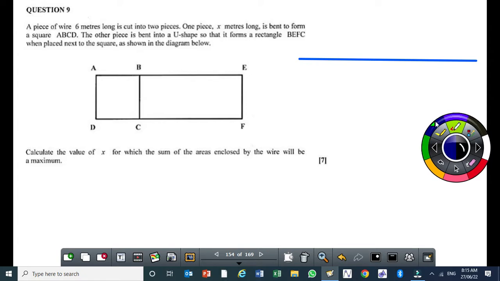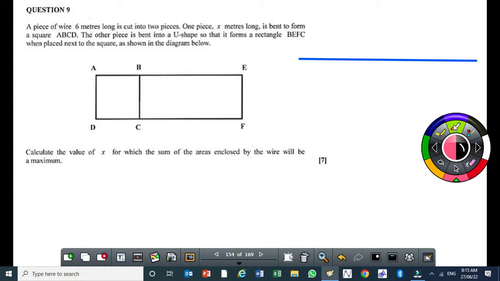That's the piece of wire. It's 6 meters long. One piece is X meters long, which means you can cut the piece. Now, it's your choice whether you want X to be long, or you want the remainder to be shorter, but you must use common sense.